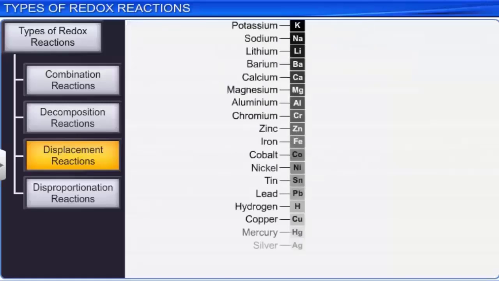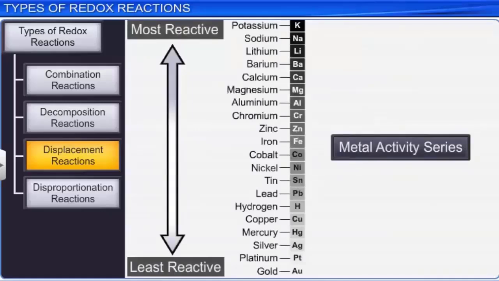We learnt about the activity series of metals and saw that zinc releases electrons to copper and copper releases electrons to silver. Similarly, halogens also have an activity series.